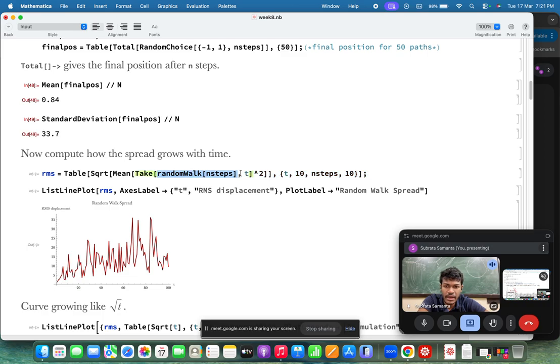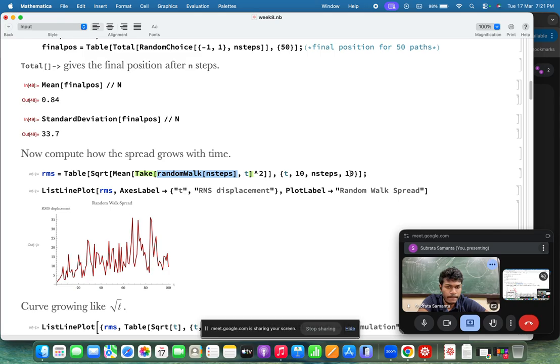I extract the values only after, let us say, t equals 10. So after 10 steps I extract the number, in gaps of 10 up to 100.